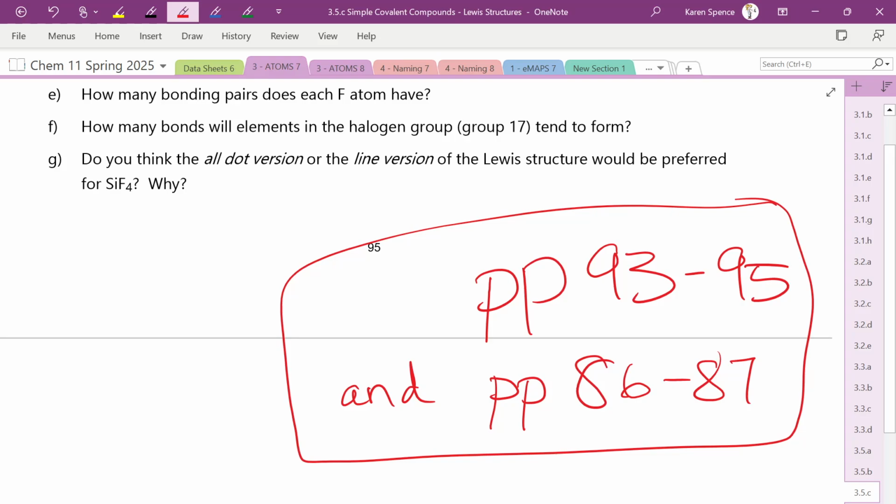The atoms, which is good. And then, so all you do is in seconds.